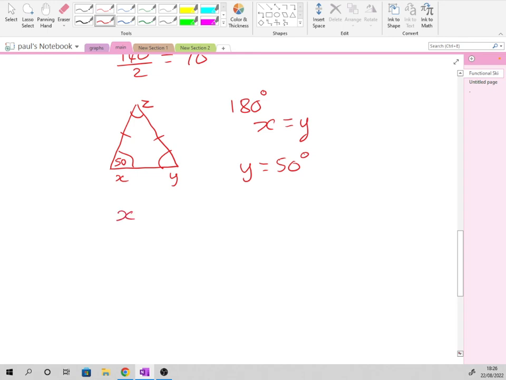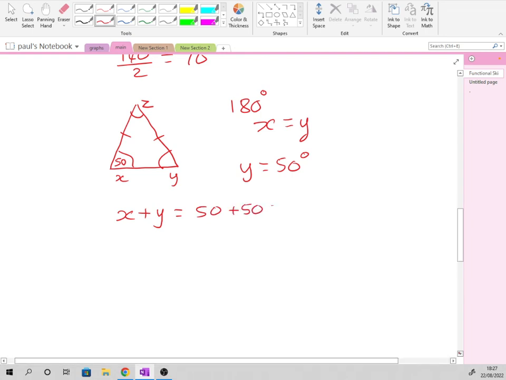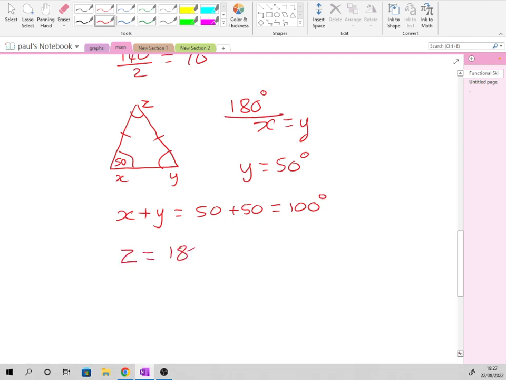So now I can do X plus Y, which is 50 plus 50, which equals 100 degrees. And when they all add up to 180, to find Z, Z equals 180, take away the ones we know about, which equals 80 degrees. Not quite to scale, but it doesn't matter.